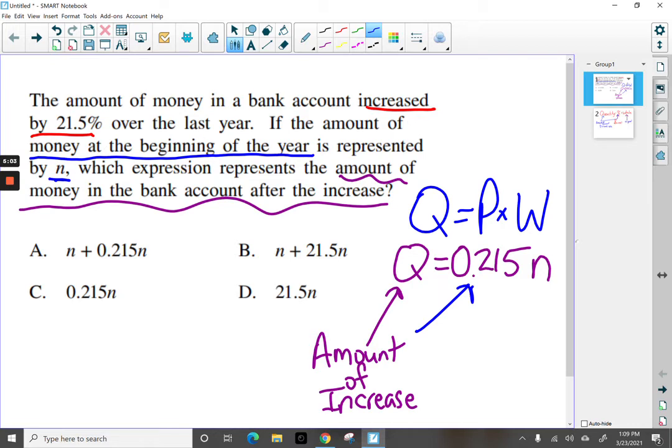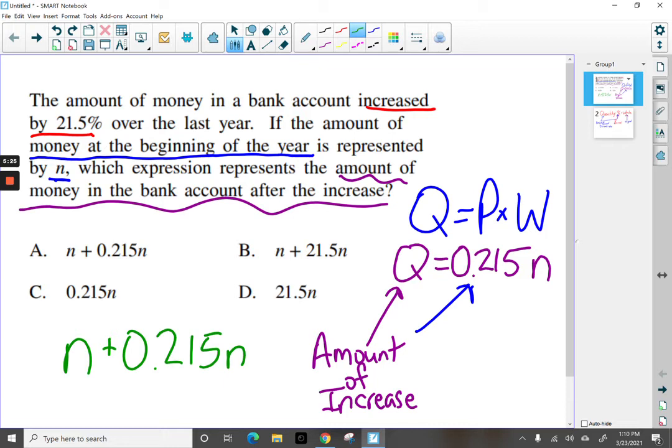My original amount is N. So I'm going to add on 0.215N. And that is what it's going to look like.